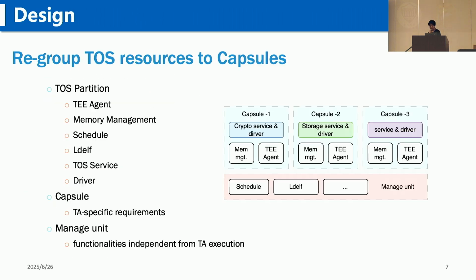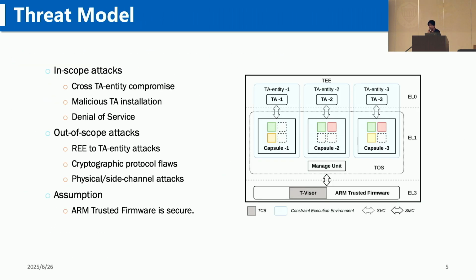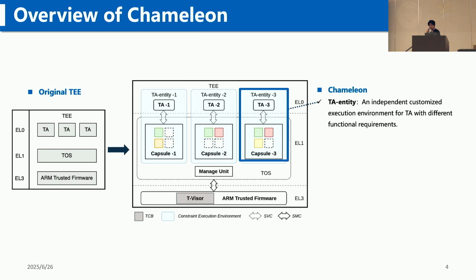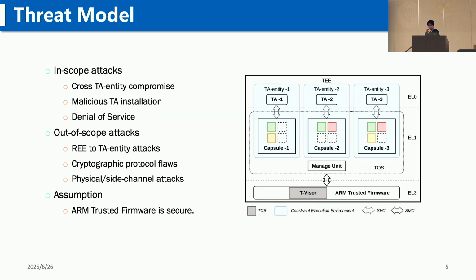Do you mean the communication between the RE and the TE? Both. For example, there may be a TE that is malicious, and they collude with the untrusted OS or with other TEs, and then they can have a combined privilege from those components.